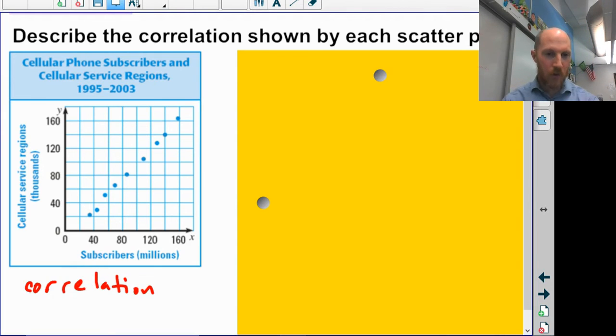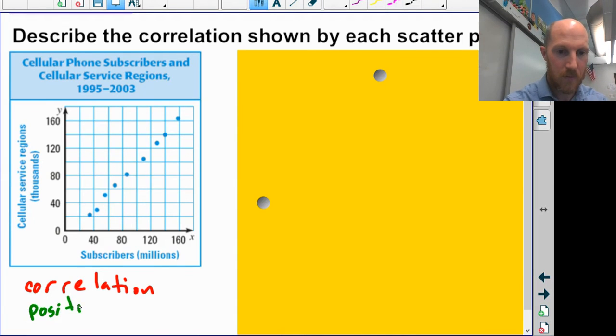And the next question, if there's a correlation, is it positive or negative? Well, these dots are definitely going up, and so that'd be positive. And then the last question we'd want to ask is, is it a weak or a strong positive correlation?